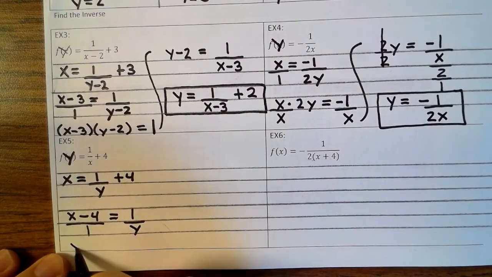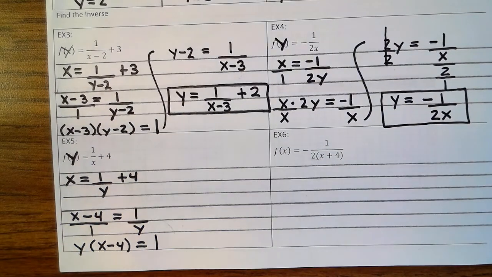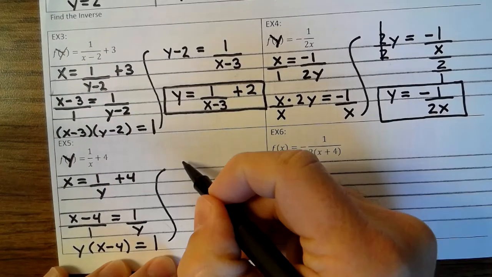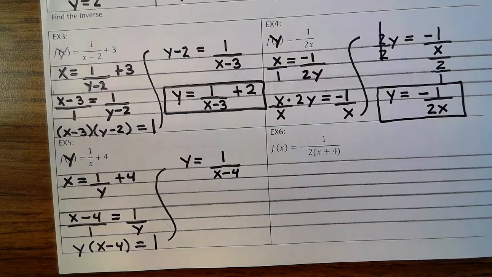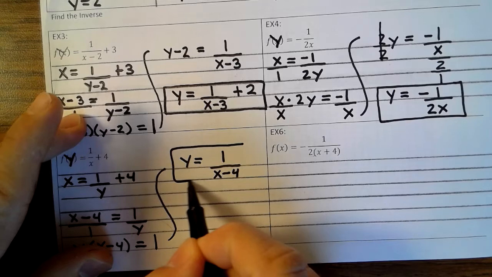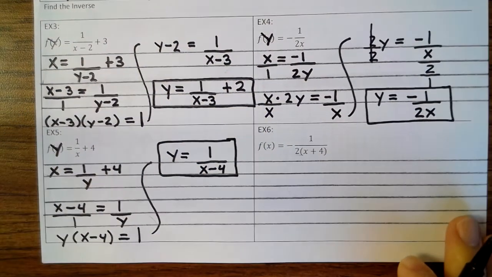So then you're left with y times x minus 4 equals 1. Divide both sides by x minus 4. So y equals 1 divided by x minus 4. Okay, go ahead and finish up example 5.